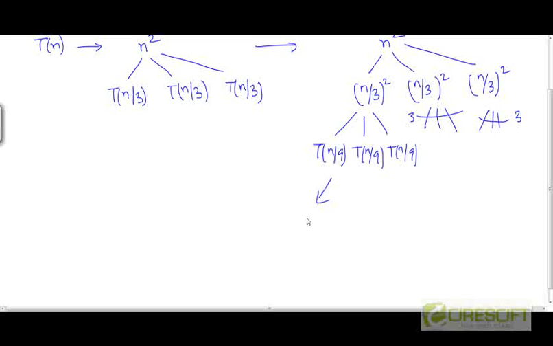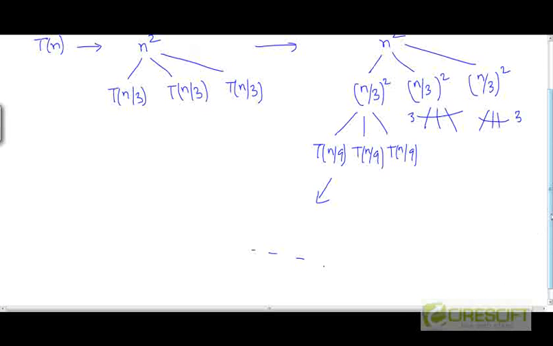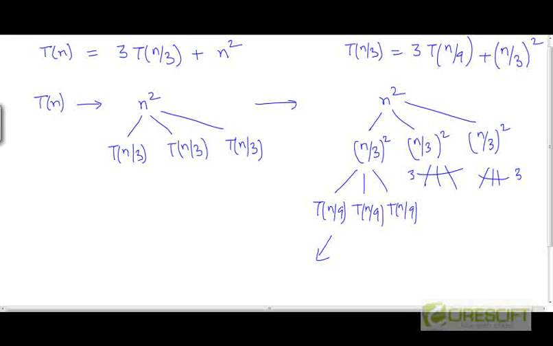So we can go on expanding this recursion tree until we again hit the bottom, when we reduce the size of our subproblems to 1. So the snapshot of the tree at the end is going to look like this. We'll have n squared at the top, then n by 3 squared, n by 3 squared, n by 3 squared.